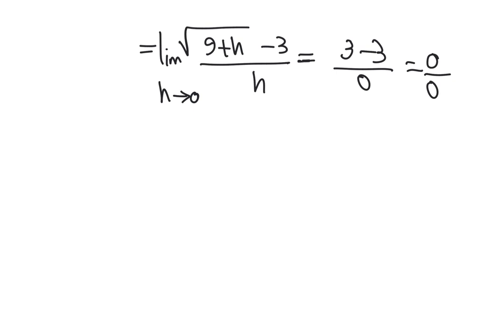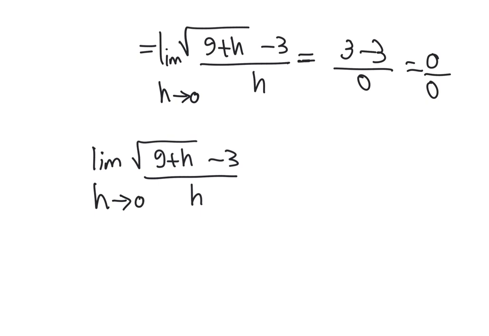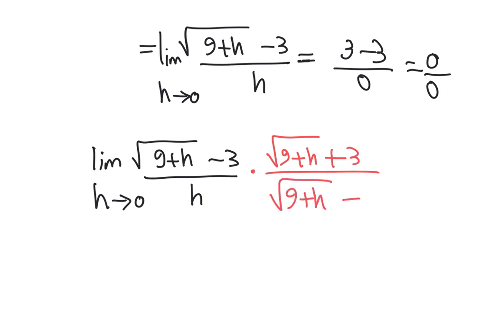But when we have a radical, how can we solve indeterminate questions? You just multiply by the conjugate. As h goes to 0, you multiply by the conjugate. The conjugate is root 9 plus h plus 3 over root 9 plus h plus 3. As you see, here is plus because you have minus 3.